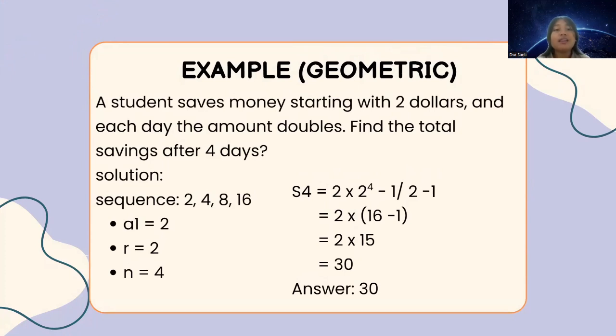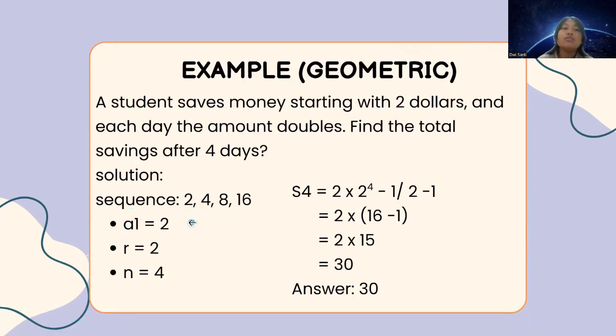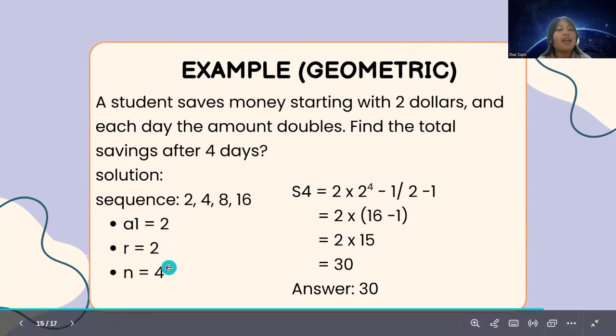And for the example: a student saves money starting with $2, and each day the amount doubles. Find the total savings after 4 days. Solution: the sequence is 2, 4, 8, 16. Step: a1 equals 2, r equals 2, n equals 4.